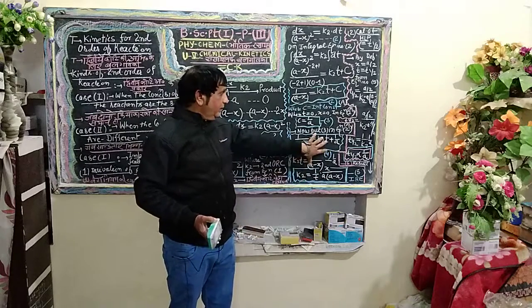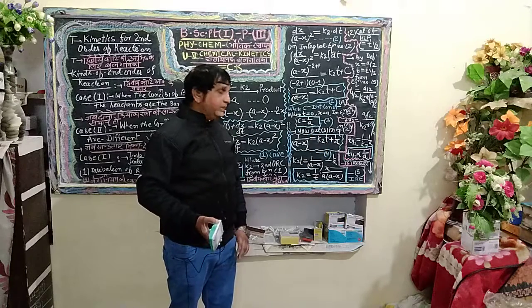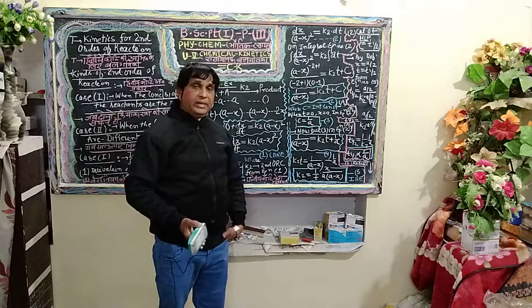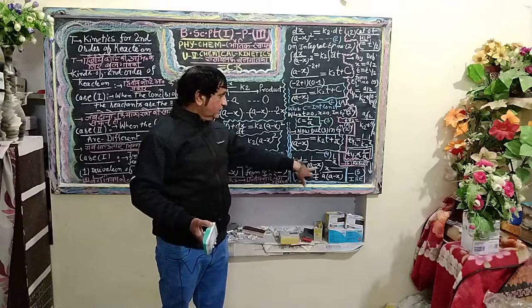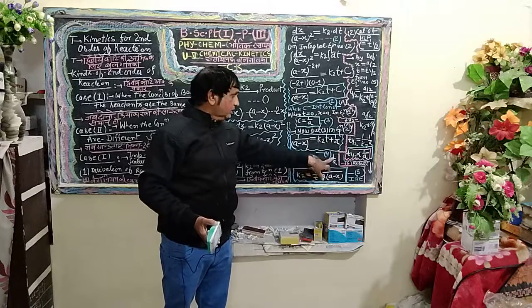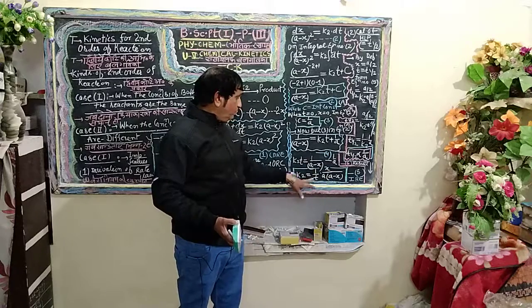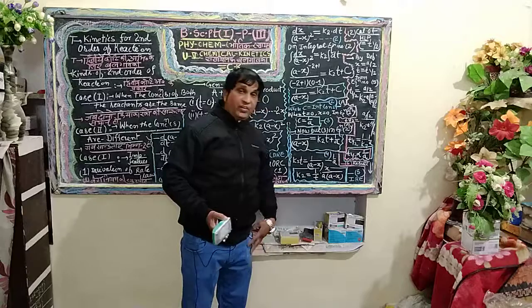On solving, transferring the quantities regarding concentration and time, k2 t is equal to 1 upon (a minus x) minus 1 upon a. So k2 is equal to 1 upon t into x upon a into (a minus x), equation number 5.